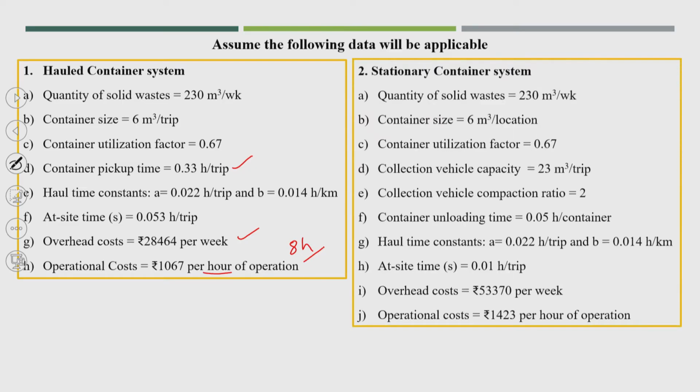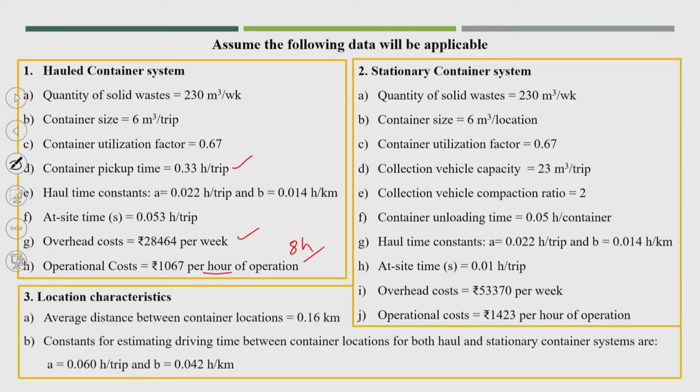Now, for the stationary container system, the quantities are the same, the container size is also the same, and the utilization factor is also the same. Here the vehicle is given: the collection vehicle capacity is given, the compaction ratio is given, and the unloading time UC value is given. The haul constants are given in a similar way, and the operation cost is also given per hour of operation.